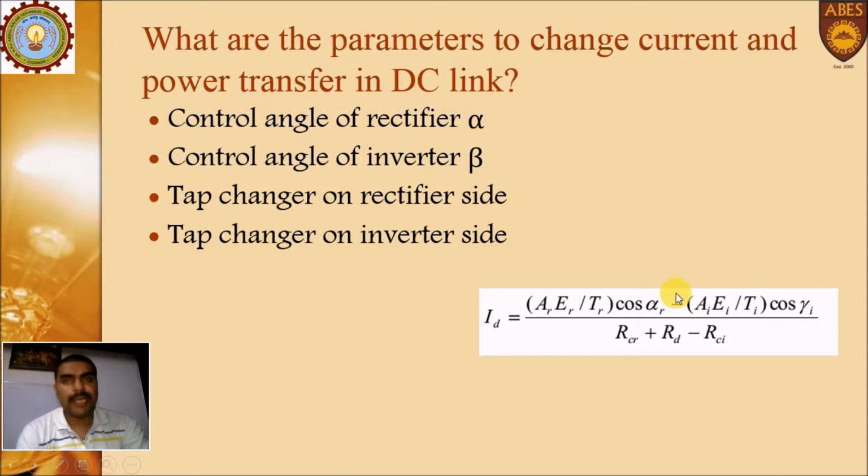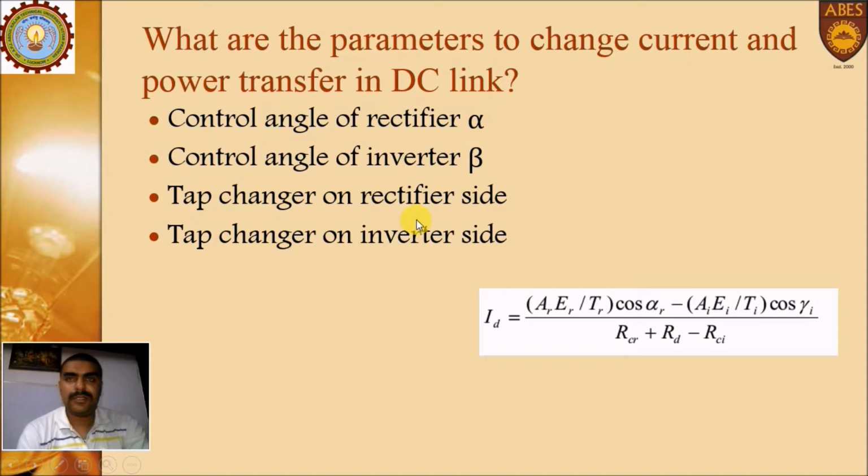Similarly, the firing angle control at the inverter terminal can be written as beta, or the DC link current is generally expressed in terms of gamma. So another parameter is gamma, that is the extinction angle. Then we can control this current using the tap changer on the rectifier side or the tap changer on the inverter side.